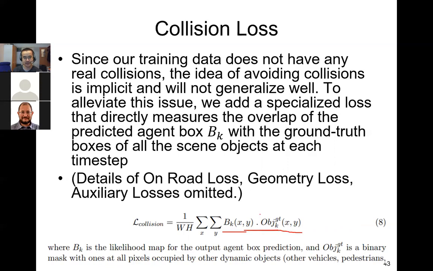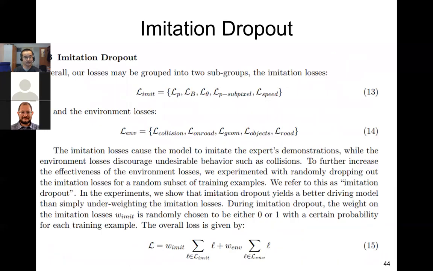So this is an intersection operator. If there's a non-zero intersection, then it means there's a collision. You penalize that. And then you have loss functions for trying to penalize when you go off-road, or a bunch of other loss functions that you wouldn't have for an expert driver.